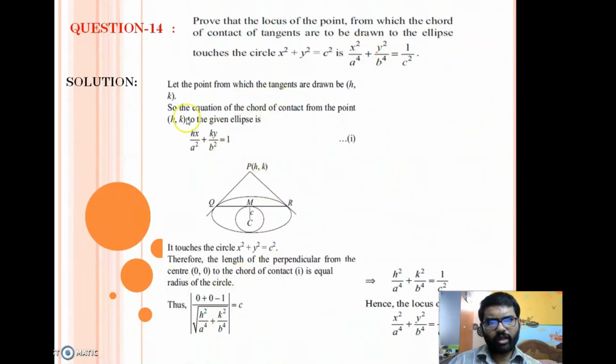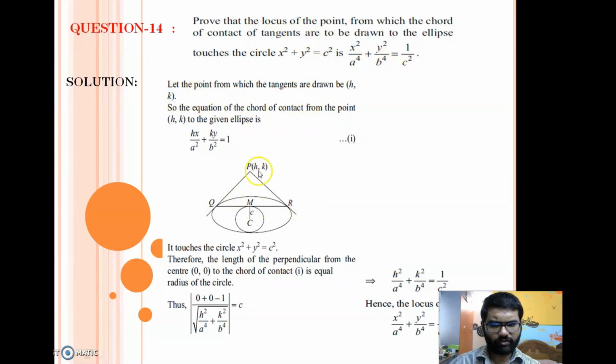Next, question number 14. Prove that the locus of the point from which the chord of contact of tangents drawn to the ellipse touches the circle x square plus y square is equal to c square is this. Any point on the locus is h comma k.